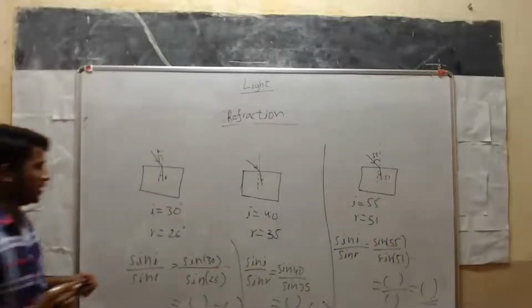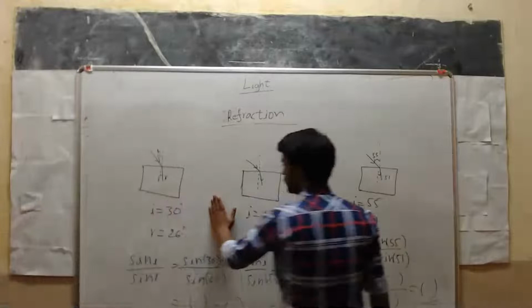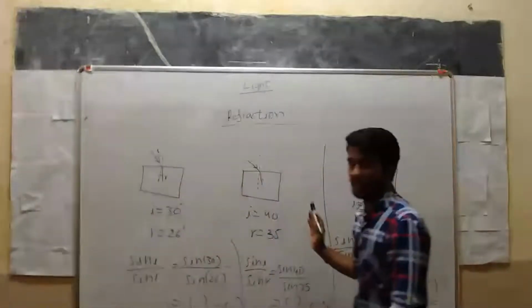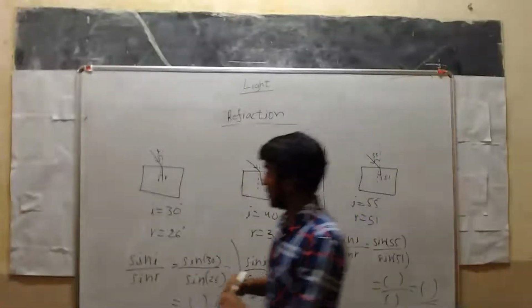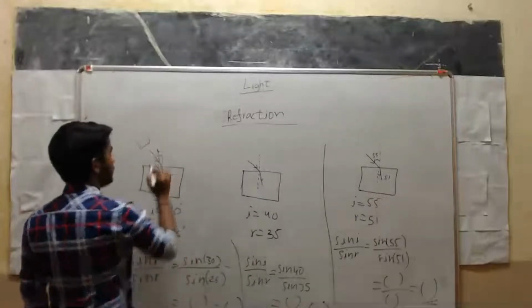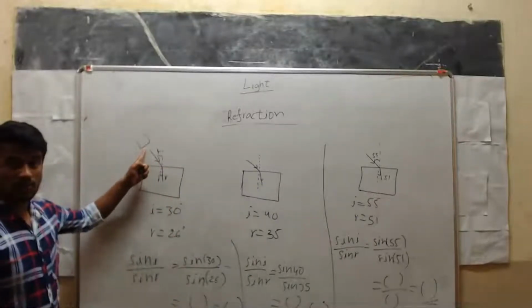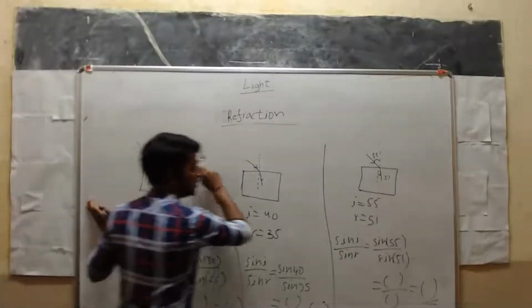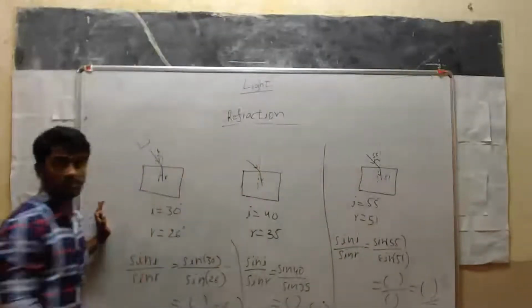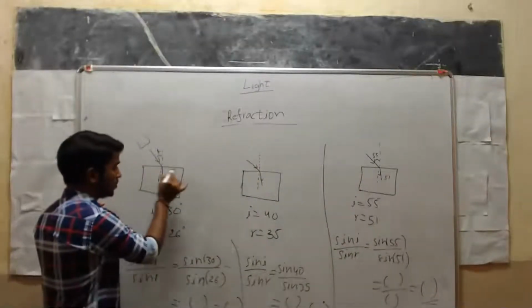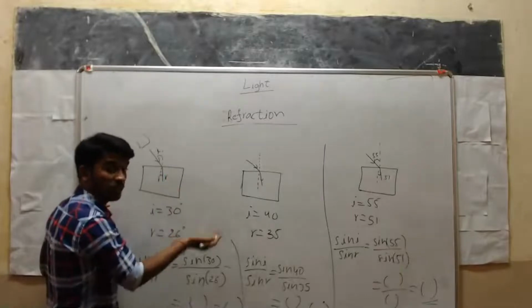See, here I have changed the angle of incidence, which means I have passed the light at different angles, but I am not changing the source of light. We have to use the same source of light in all the cases. Then you have to use the same type of glass.